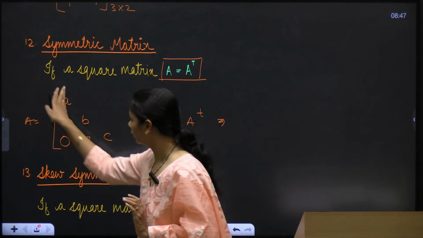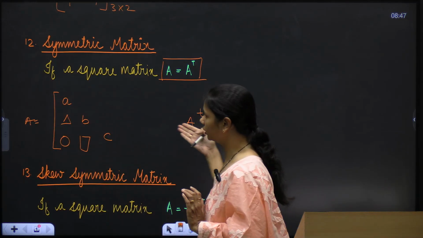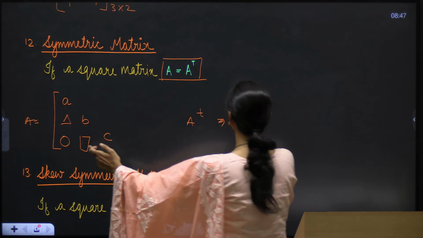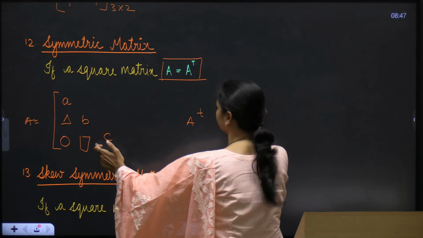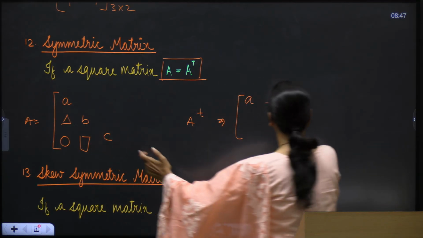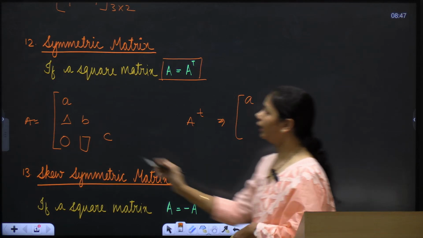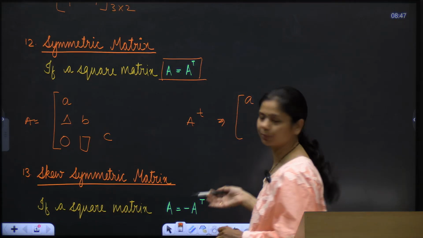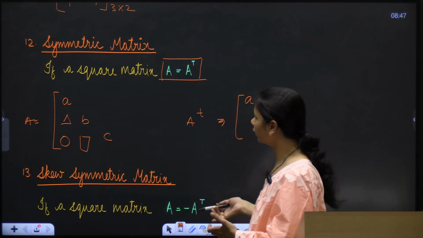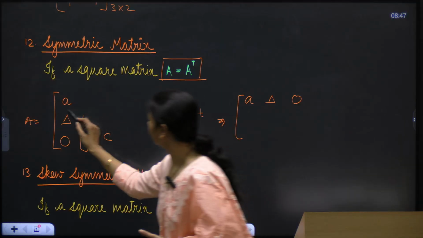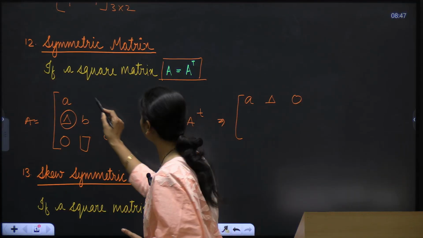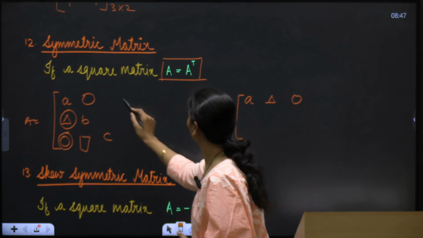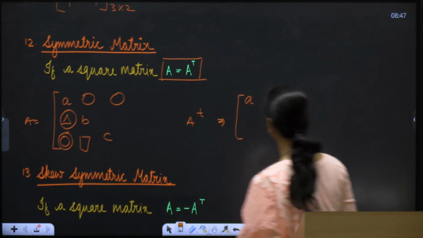In this matrix, if we do the transpose, then the first column will become the first row. That means, if I want a matrix such that A and A transpose are equal, then I have to keep this element and this element the same, and this element and this element the same.